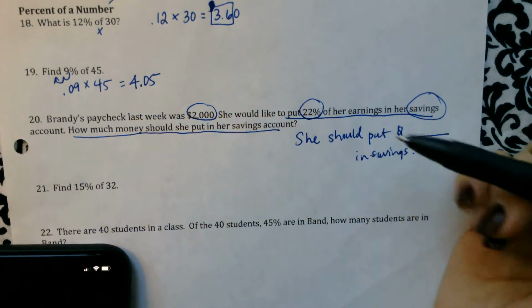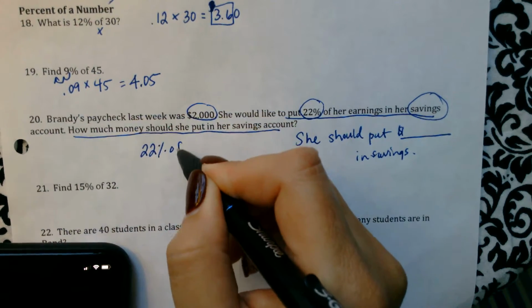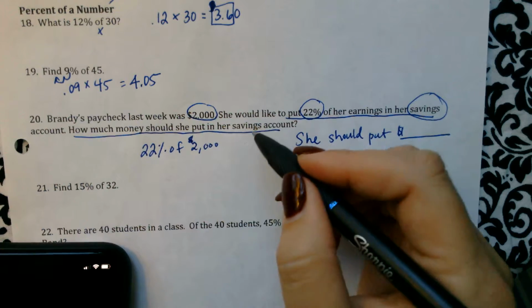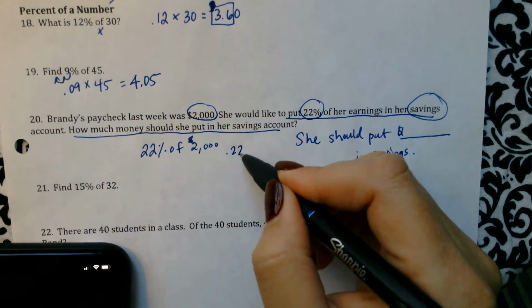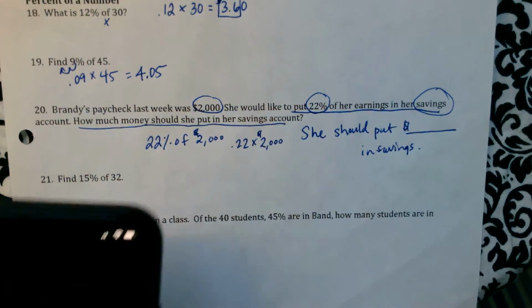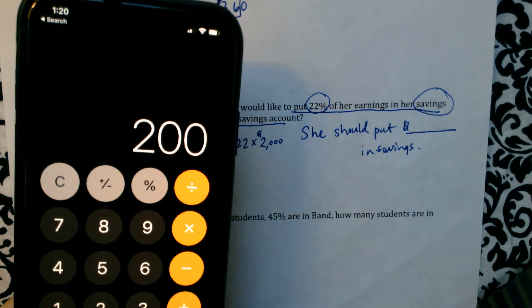She came up with the percentage of 22%. So basically what we want is 22% of $2,000. So I'm going to multiply 0.22 times 2,000 to figure out what is 22% of $2,000.